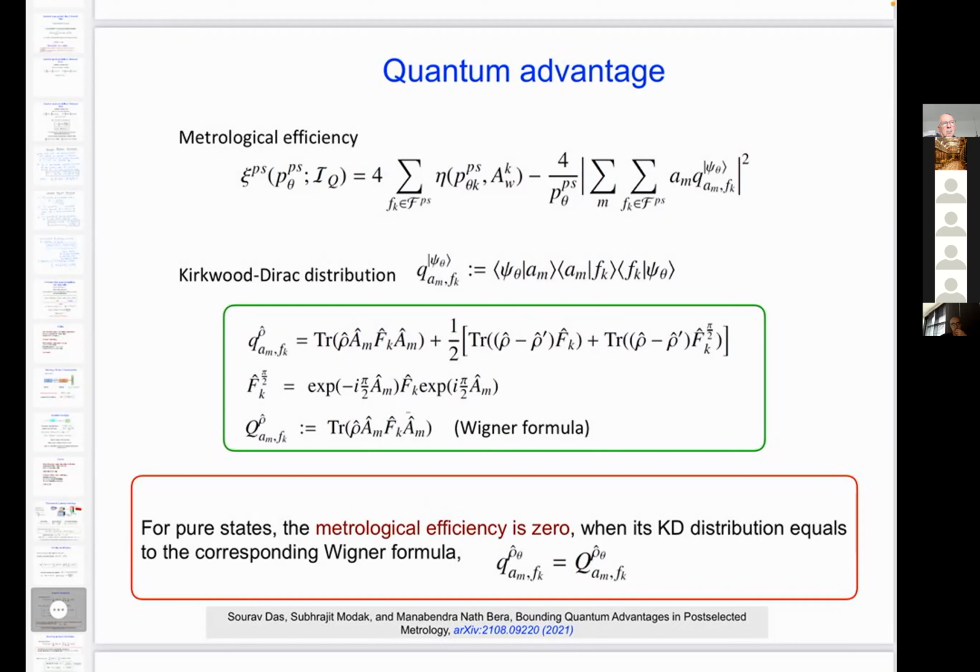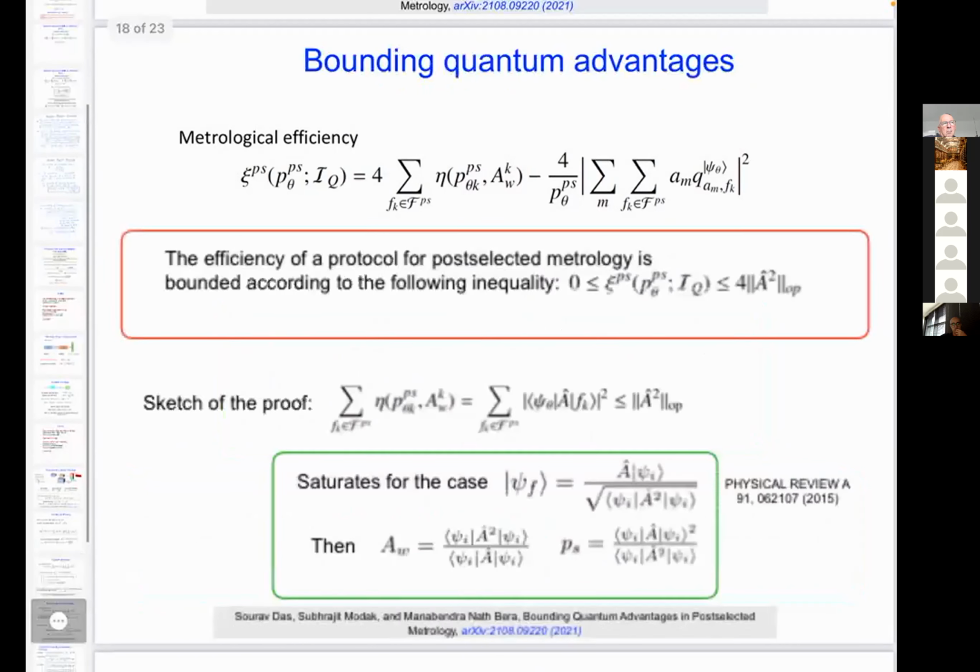So when you insist that the Kirkwood-Dirac distribution equal the Wigner formula, there is no non-classical advantage. This follows from the commutation between AM and FK, and when you put this condition, the metrological efficiency becomes 0. So there is no non-classical advantage so far, right? Let me move on to the next part.